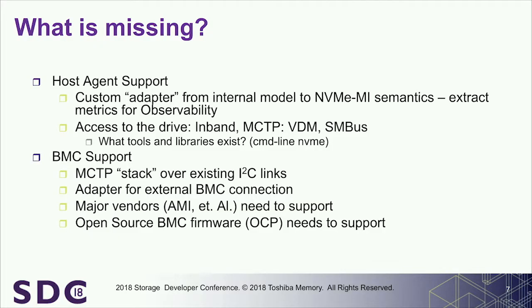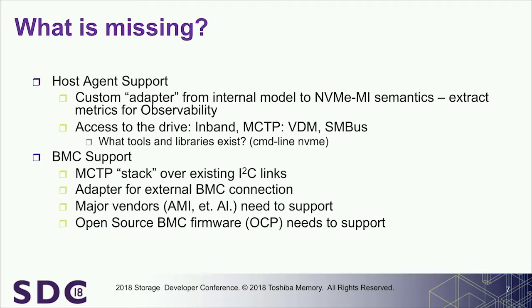So what's missing? Well, there is no host agent support for MI, so if they wanted to use the send and receive MI from the host agents, they'd have to write that code, extract their metrics from it for their own observability purposes, and then if you wanted to access it via the slow-speed network, you could use the SM bus.